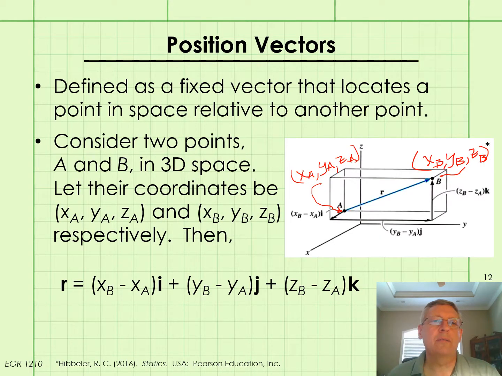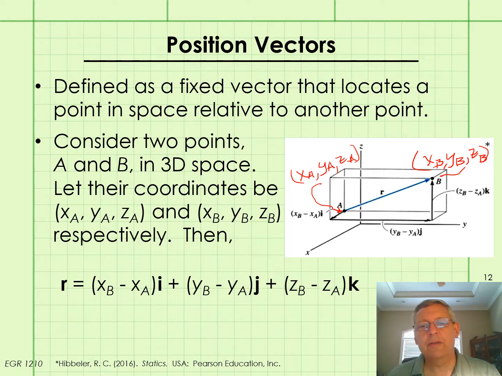Before we look at another method to express a vector in 3D space in Cartesian form, we need to introduce position vectors. A position vector is a fixed vector that locates a point in space relative to another point.